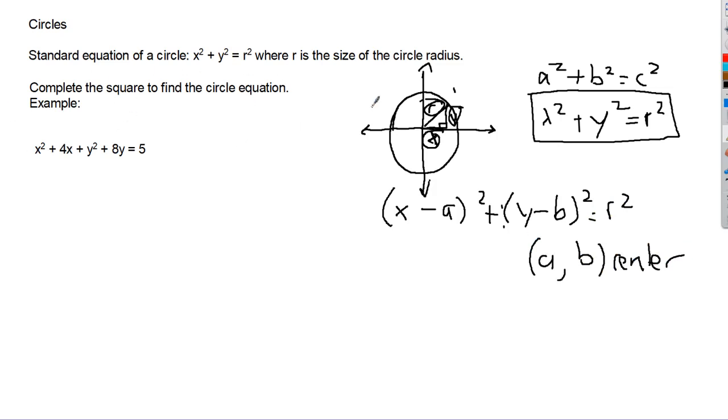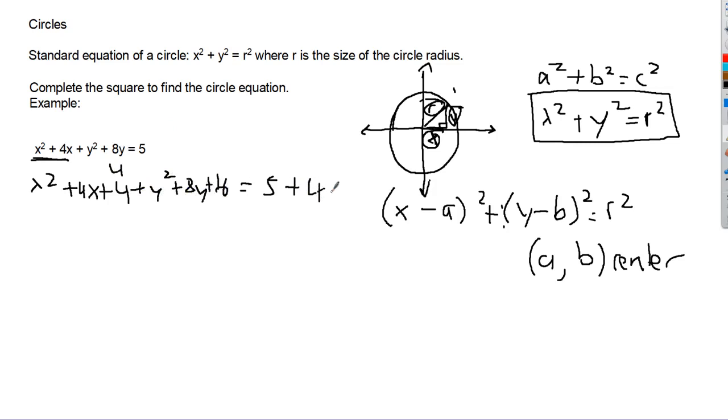So you can complete the square to find a circle equation. If you want to complete the square, you take half of the middle. For example, x squared plus 4x: you have to add 4 to complete the square. But you can't just add 4 out of nowhere. The other side also has to get the 4. Same thing, y squared plus 8y. What's half of 8? Half of 8 is 4. 4 squared is 16.